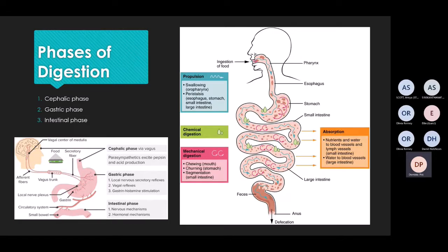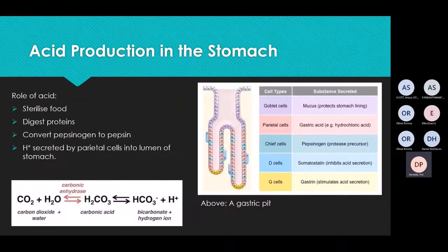So without even feeding them, there was this cephalic phase, which sends impulses down by a nerve called the vagus nerve, which essentially stimulates various chemicals to be produced in what's called the gastric phase. And the gastric phase then gives rise to the intestinal phase of digestion. It's all pretty straightforward so far.